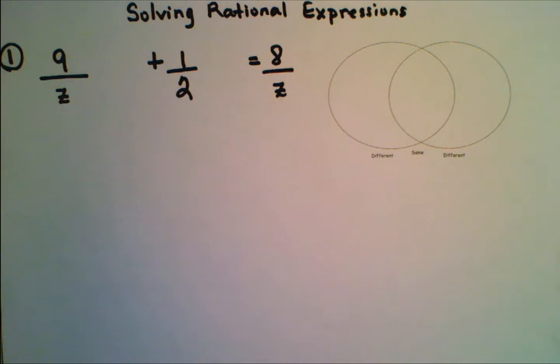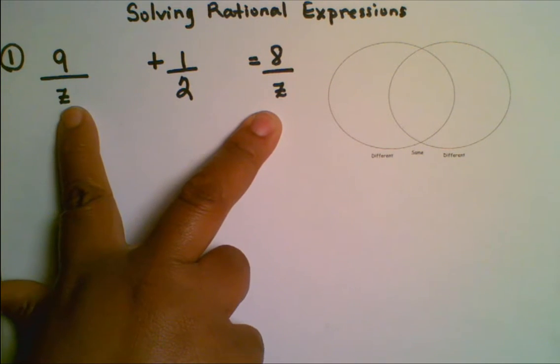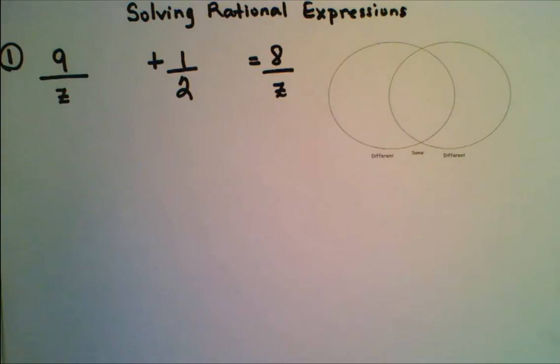What makes this section different is that now our denominators have variables in them. And because they have variables, it's a rational expression, number one. And number two, we're going to have to set some rules to this equation, meaning what number cannot be placed in the denominator, because it'll make that denominator undefined.